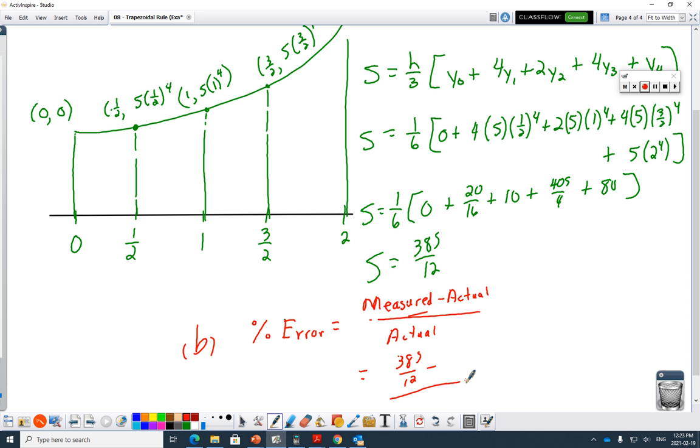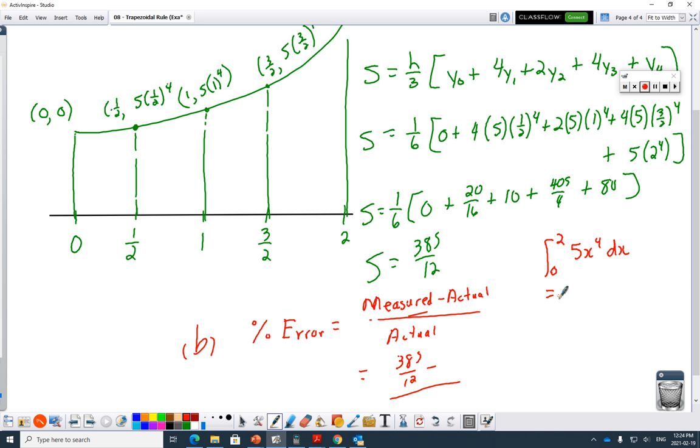What's the actual area under here? So integral from 0 to 2 of 5x to the 4th dx. Antiderivative of 5x to the 4th. Easy little quiz right before lunch.